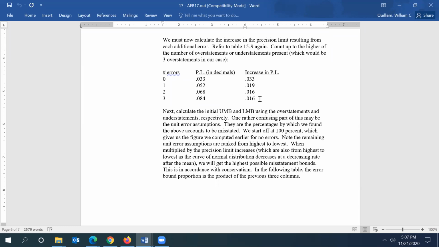That's where those come from. So for every extra error we find, we think that there is just a little bit more total error in the population, and that magnitude of the increase keeps going down. That's where they come from.